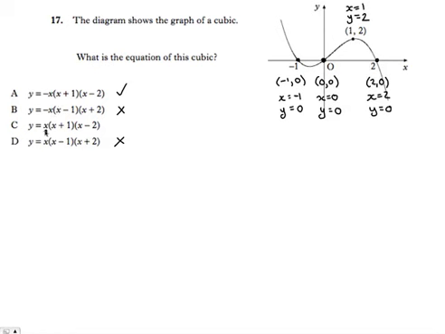So putting x equals 1 in here, we get 1 times 2 times minus 1. Well, that gives us minus 2, which is not what we're trying to get. We're trying to get y equals 2 out of this. So that leaves us choice A as the correct choice.